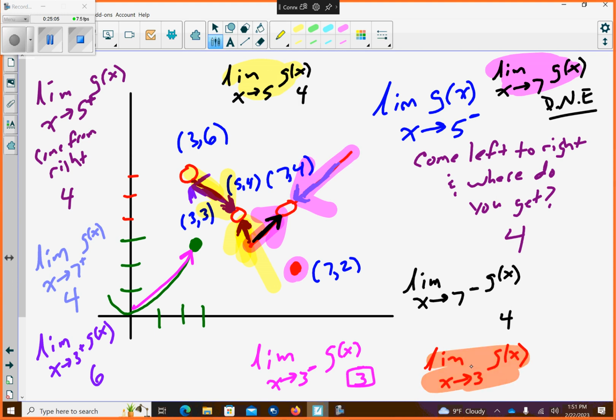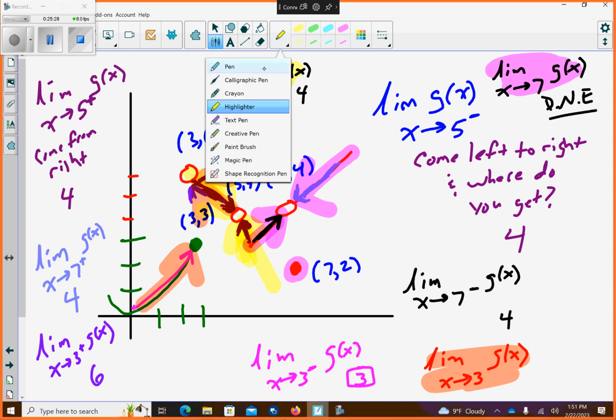Okay, so as I go to 3, come up this way, I come up this way. Are those orange arrows pointing to the exact same y value? No. This is another does not exist.